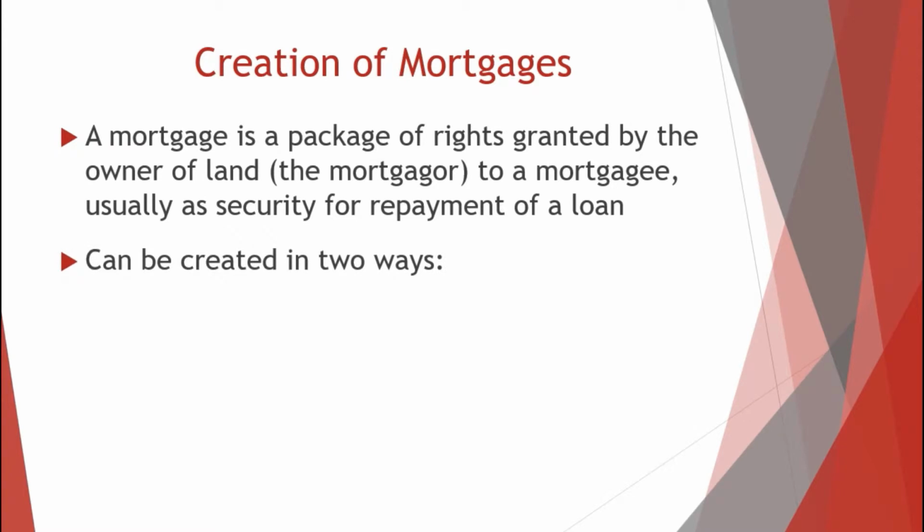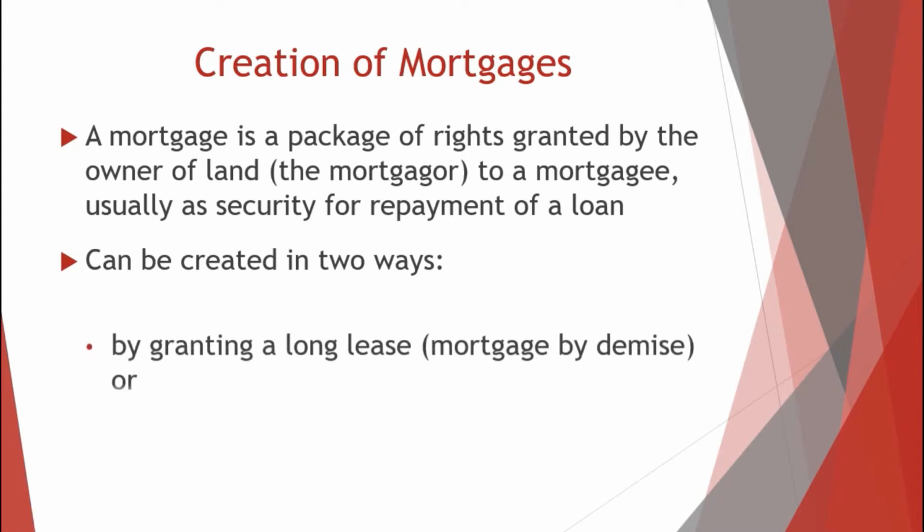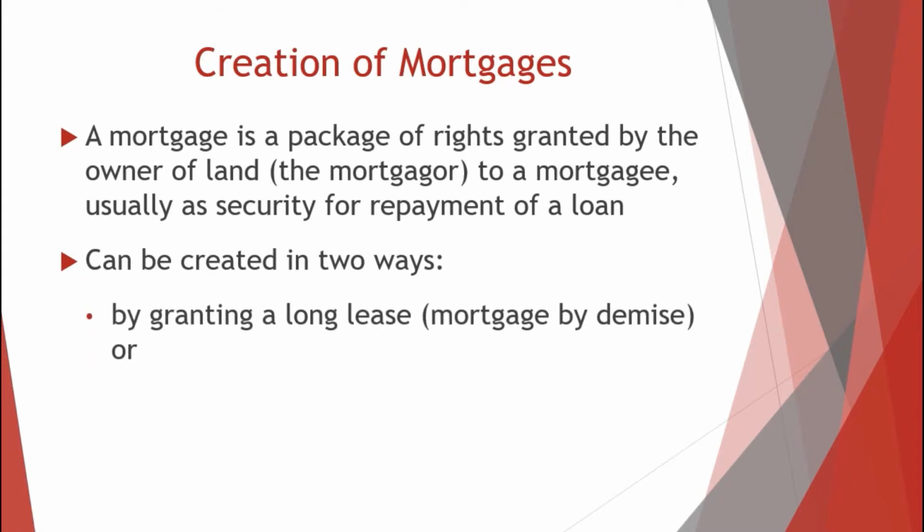Following the coming into force of the Land Registration Act 1925, two methods exist of creating a mortgage. The first, and most uncommon, is to grant a lease to the mortgagee for an extremely long term, usually 3,000 years for freehold land, or for leasehold land, for the remaining term of the lease less 10 days.